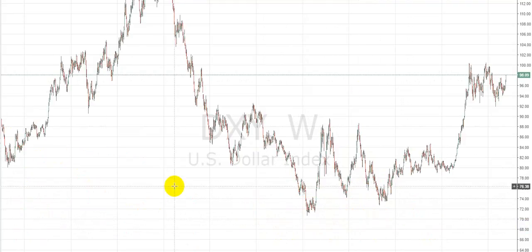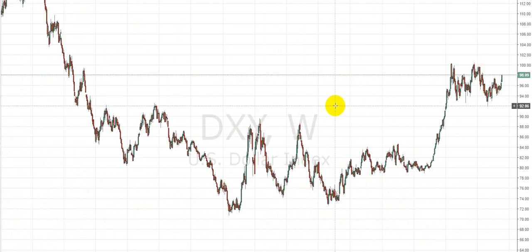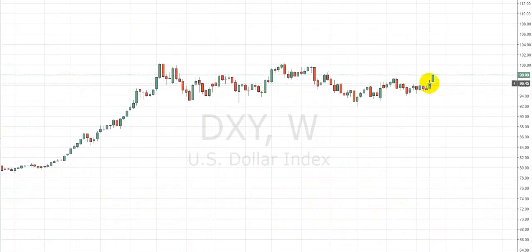Okay, in that case, that's the gap here as a first support. So you want to buy dollar on a pullback. Okay.